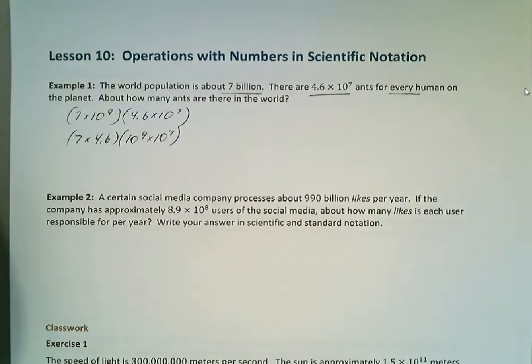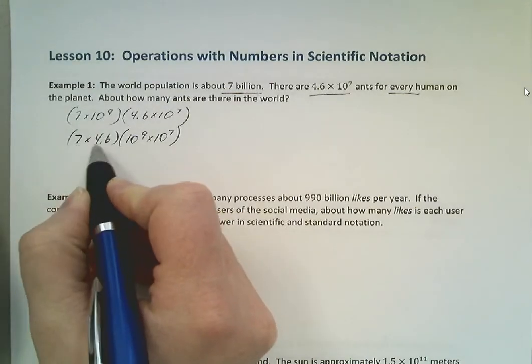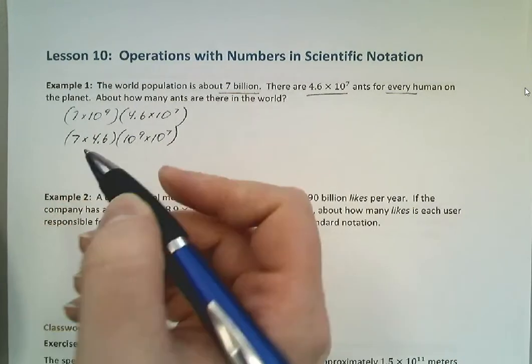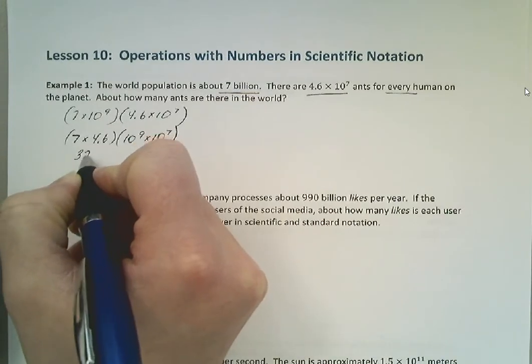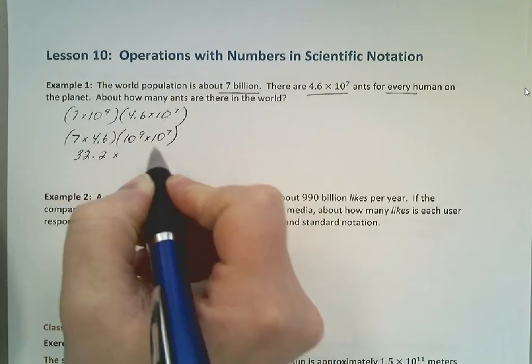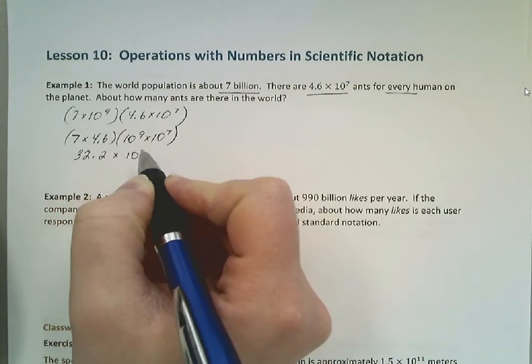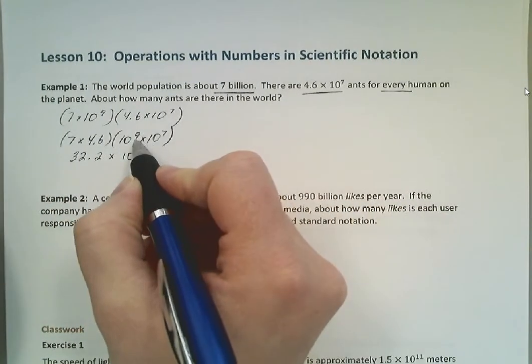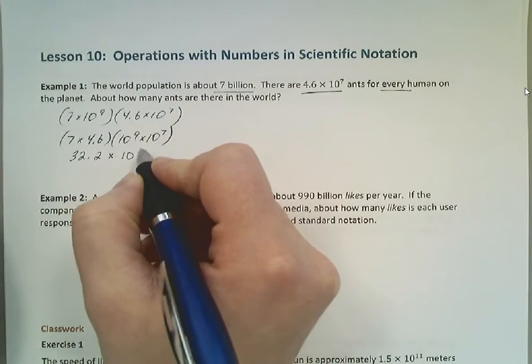I did not change anything, I just rearranged the numbers. So now I'm going to multiply 7 times 4.6, and I will get 32.2. And that is going to be multiplied by 10. And I'm going to add the exponents. So 9 plus 7 is 16.